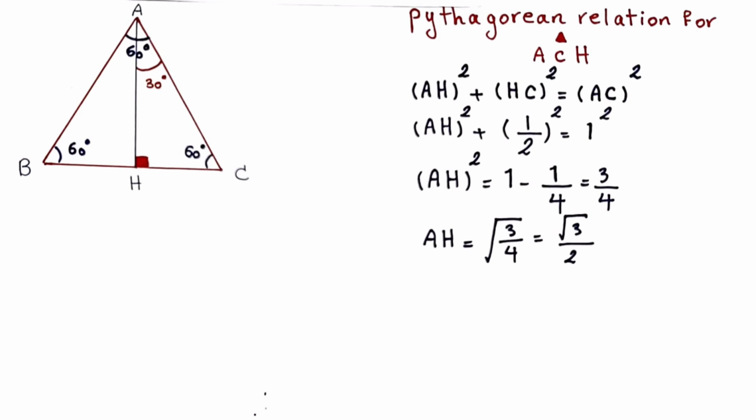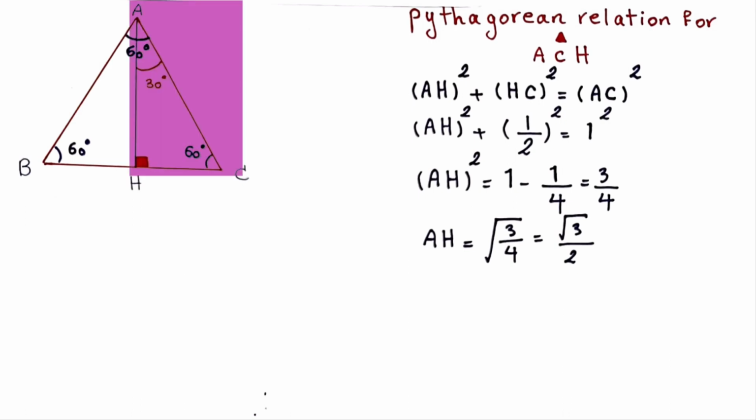To calculate AH, here we take the radical from both sides. Now we have the measures of all the sides of the right triangle ACH. So we can easily obtain the trigonometric ratios for 30-degree and 60-degree angles.